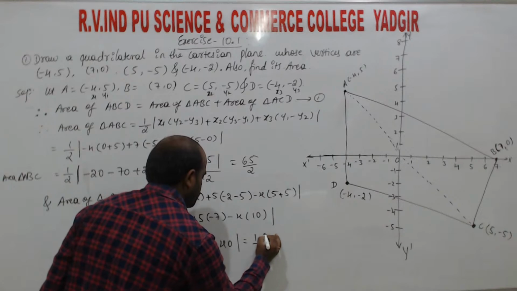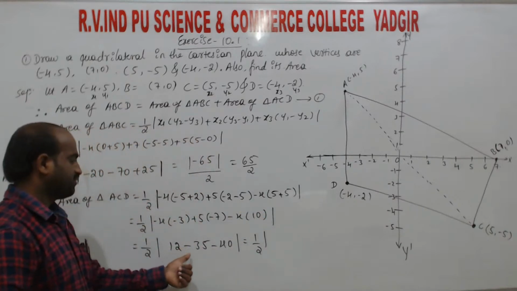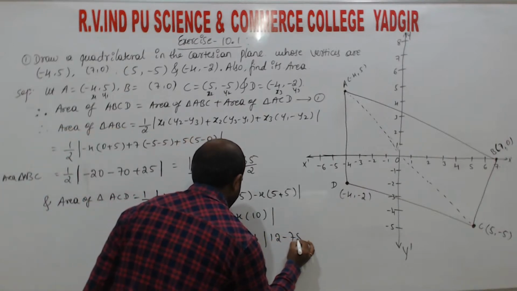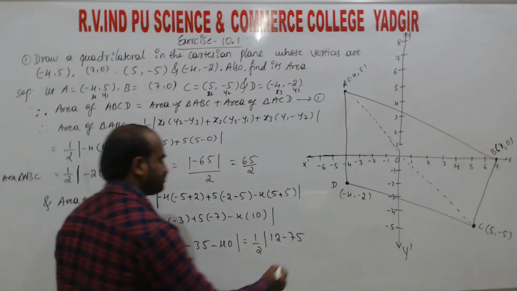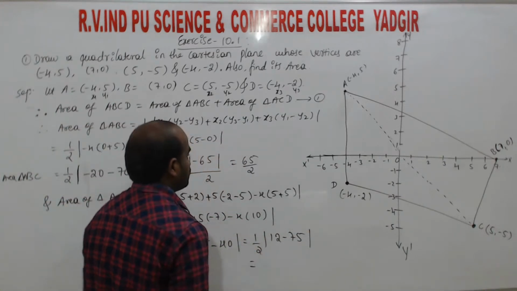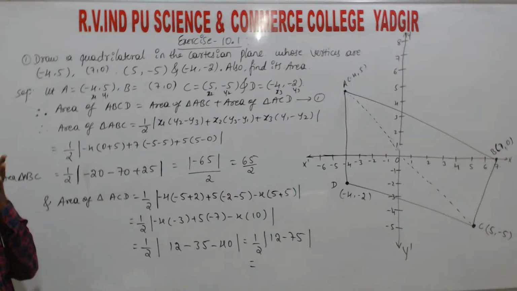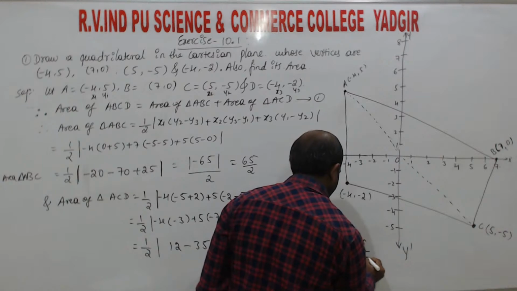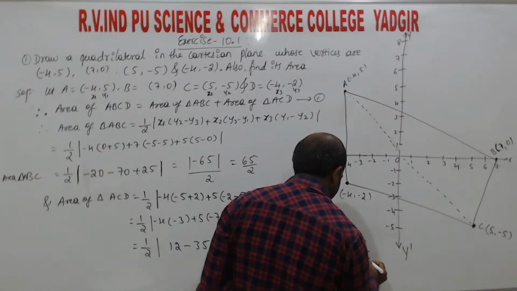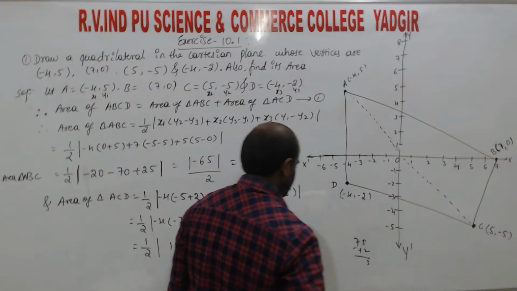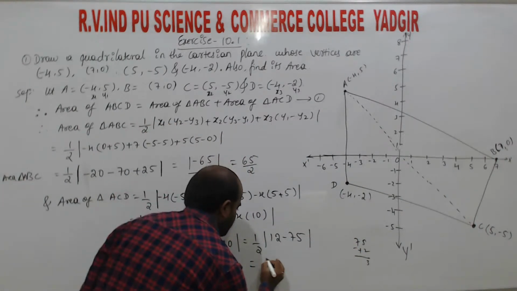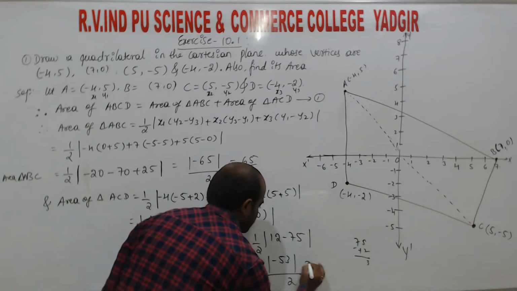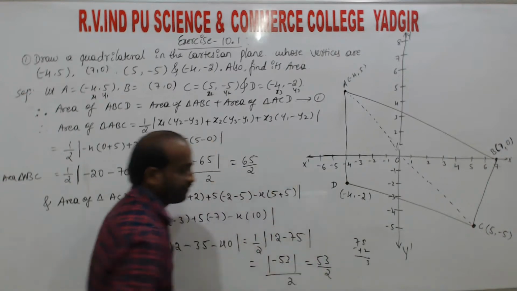Next is minus 12 minus 75. Okay. Now 12 minus 75. Minus 50 divided by 12 modulus is plus 53 divided by 2.